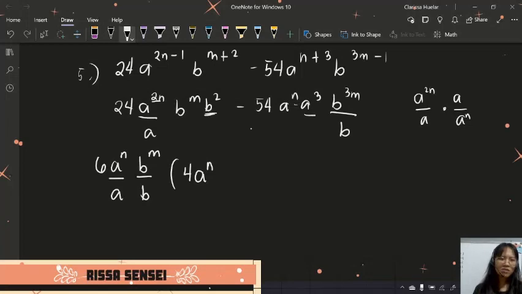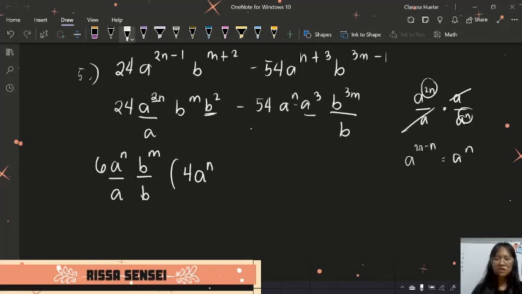So, bakit multiplication? Sabi ko division. Ni-reciprocal ko na ito. Kasi pag nagde-divide tayo ng fractions, we get the reciprocal, then proceed to multiplication. So, I cancel this. Subtract. So, a raised to 2n minus n will give us a raised to n. Kaya, a raised to n yung inside.